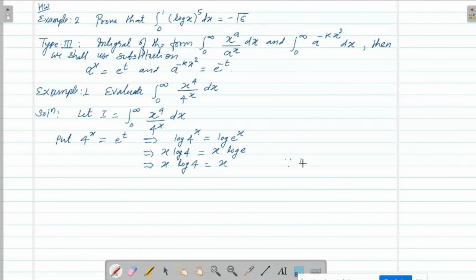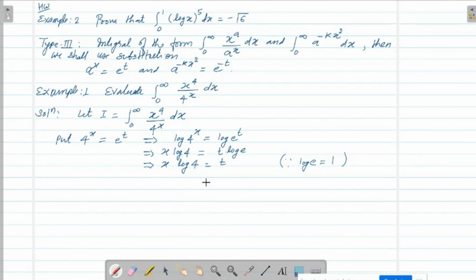Okay, I am making a mistake here. The power is t, not x. So log e raised to t gives t into log e, but log e is 1, so we write here t.